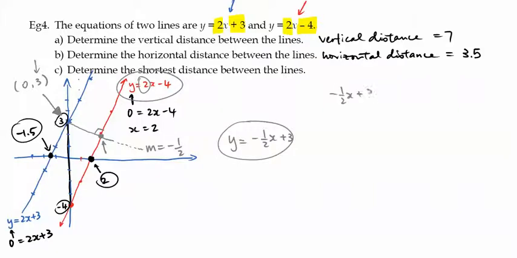-1/2 of x plus 3 equals 2x minus 4. And I can solve for x. And of course, do the same thing for the y coordinate. Make a substitution back to one of the two equations here.